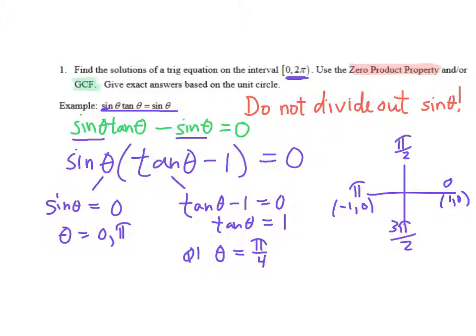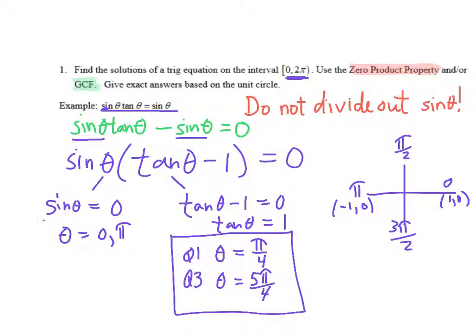I always write the quadrants just to keep myself organized. And then you have to remember which quadrant is also positive. There's always two quadrants that are positive, two quadrants that are negative. And for tangent, it's quadrants 1 and 3. So we need a quadrant 3 angle. So we need the angle that is just over pi, so that's 5 pi over 4. And we're done with this problem.